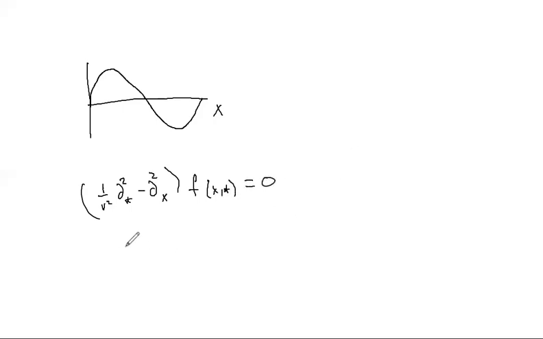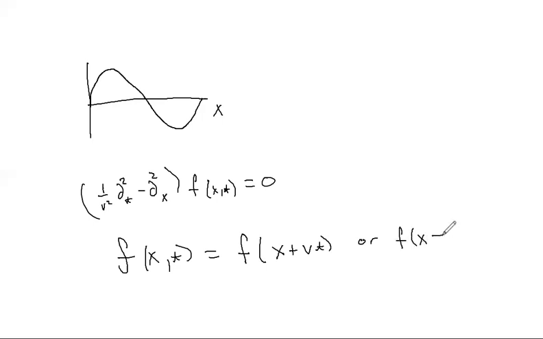And we can show that an arbitrary solution to the wave equation can be expressed, and we say that instead of being an arbitrary function here, to be a solution of the wave equation, it must be built out of the combination f of x plus vt or f of x minus vt.